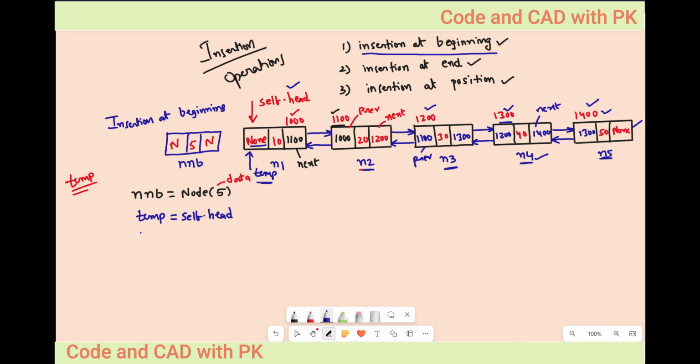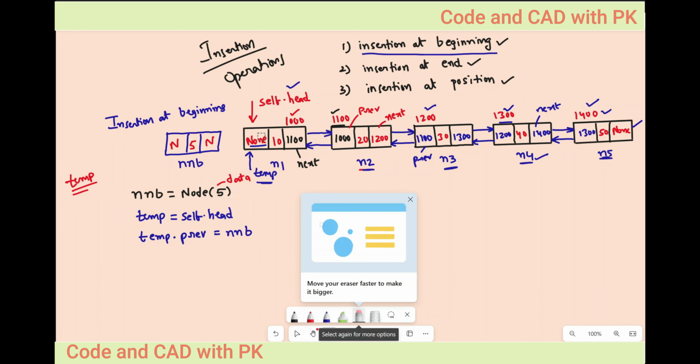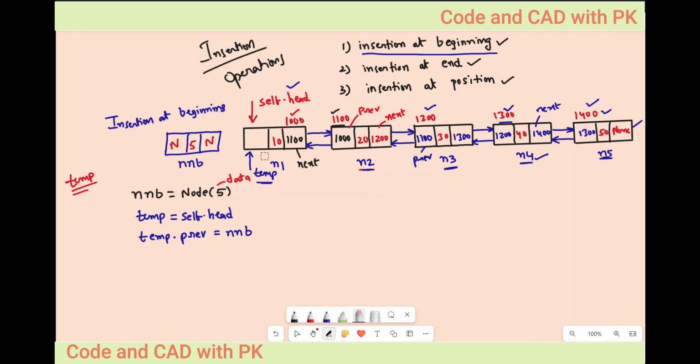So temp dot previous is equal to NNB. So I am going to erase this one and I will write here NNB. NNB is nothing but the address. For example, here the address is 500. So I am going to write here 500.